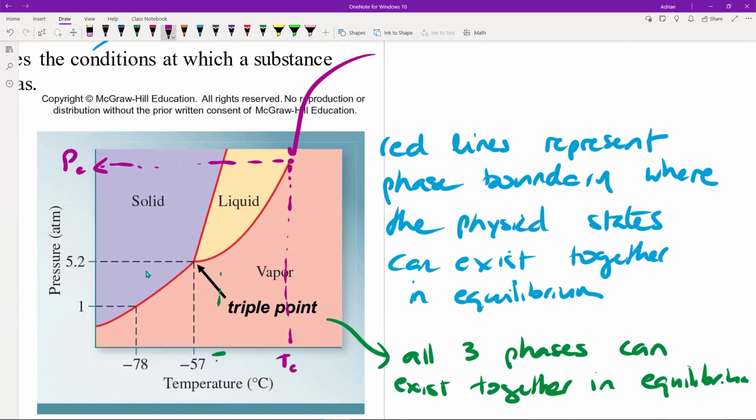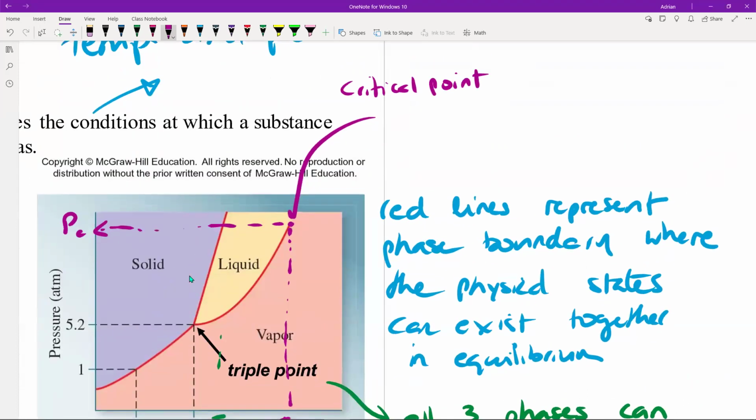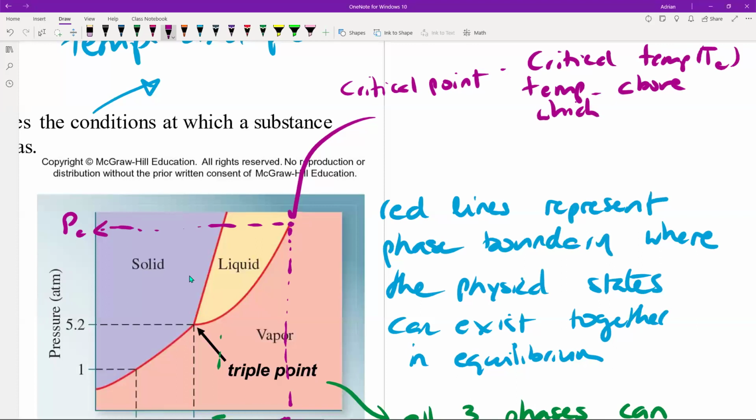So the critical temperature for that substance is the temperature above which the gas cannot be liquefied, no matter how you change the pressure.